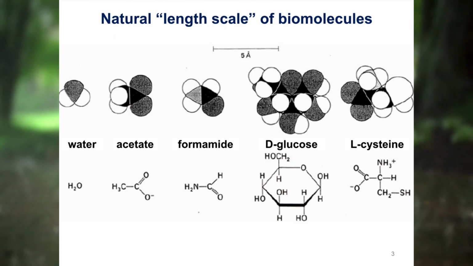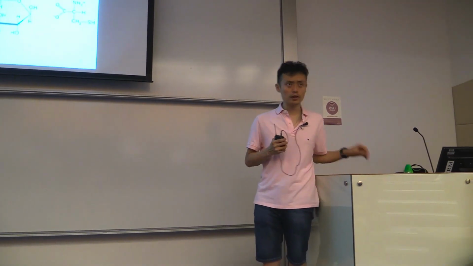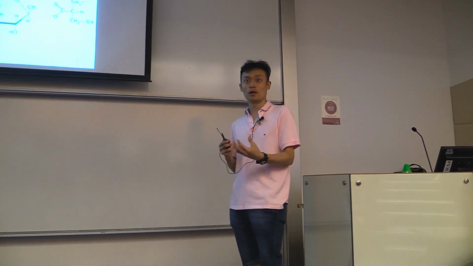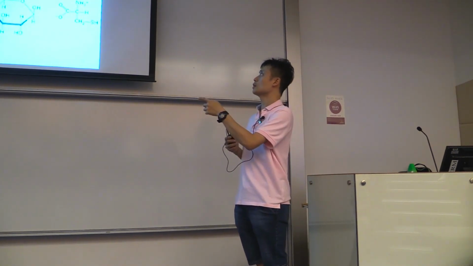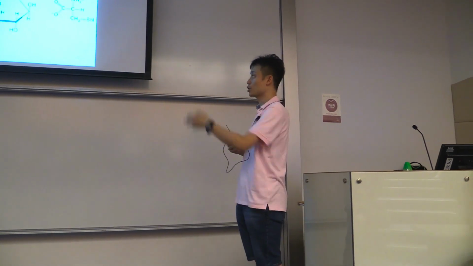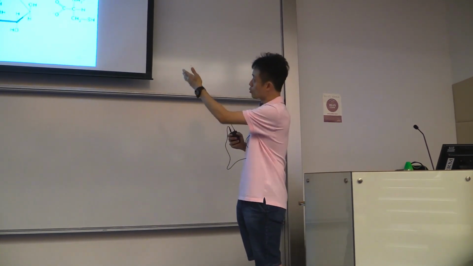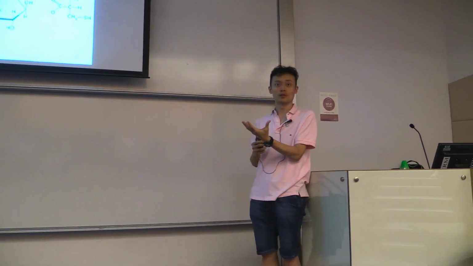So if this scale bar refers to 5 angstrom, this means 0.5 nanometers. So even though we think that a nanometer is very small compared to what our naked eye can resolve, if you were to compare 1 nanometer to the fundamental building blocks of life, of nature, like water molecules, glucose, amino acid, a nano is pretty big actually.